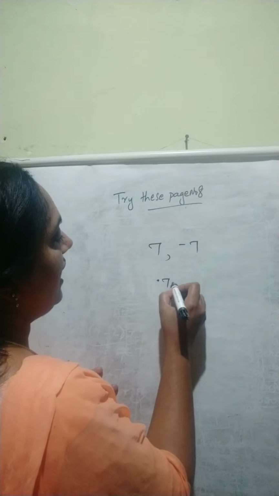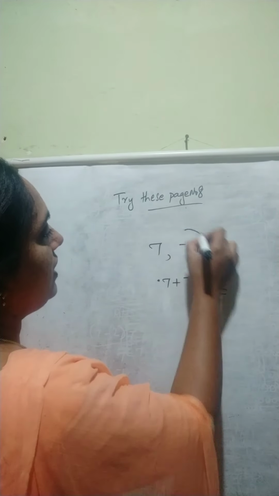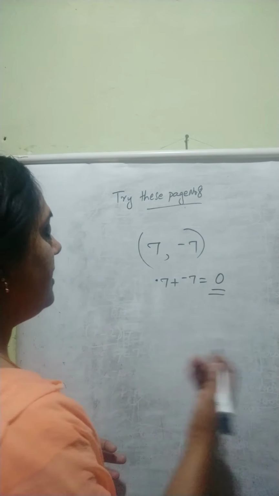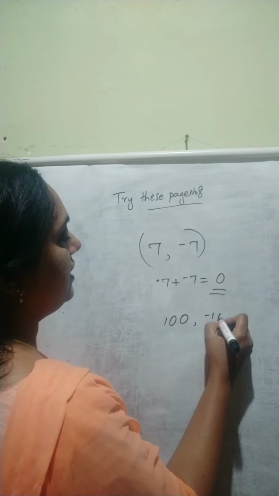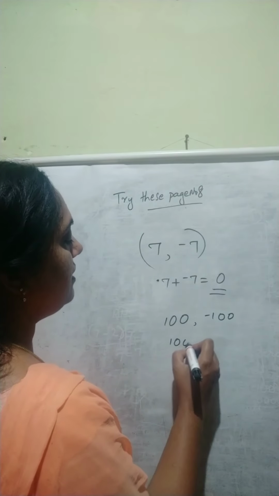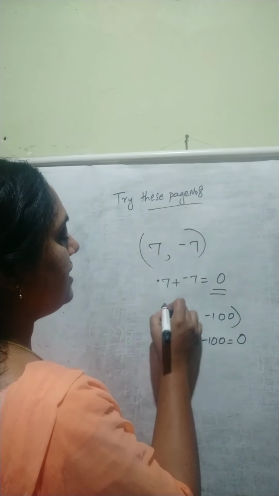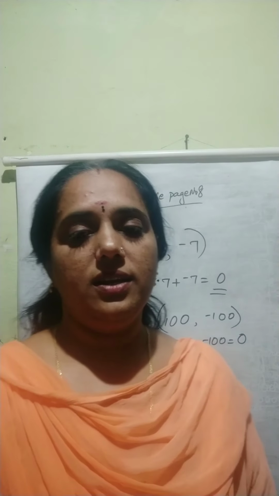Then when we are adding this 7 and negative 7, we will get 0. So we can write a pair 7 and negative 7. Or another number 100 and negative 100. When we are adding 100 and negative 100, we will get 0. So we can write another pair 100 and negative 100.